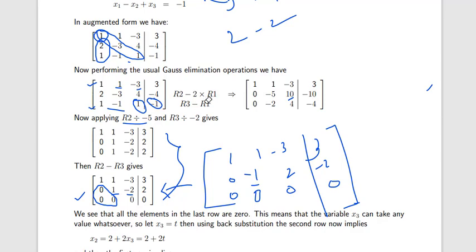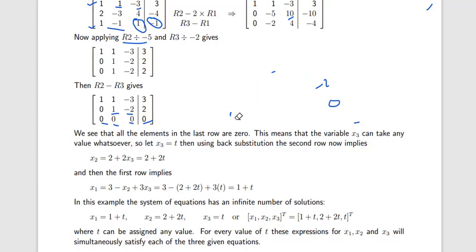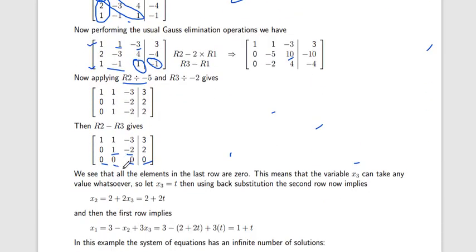Now here you can see that all the values in the third row are 0, so that means the variable x3, yes, x3 is the third row. x1, x2 and x3, so you can take x3 as anything you want.